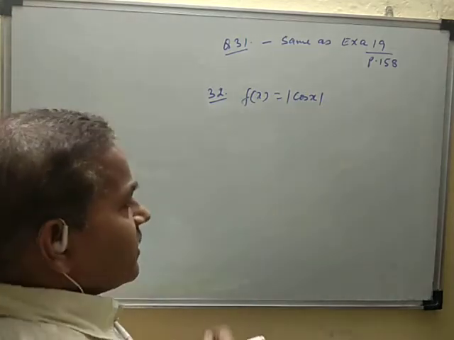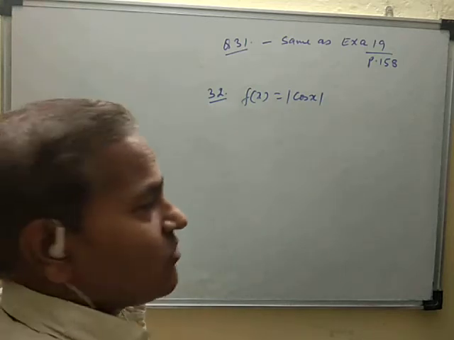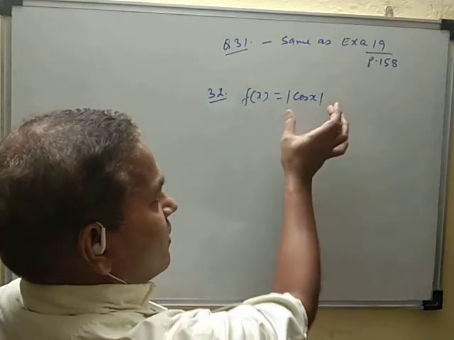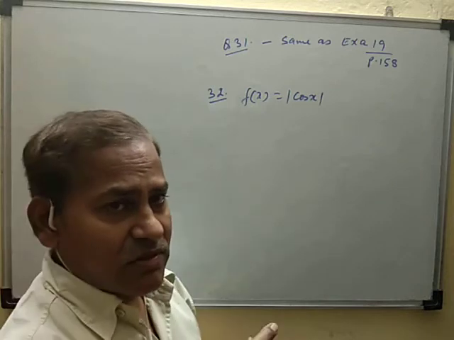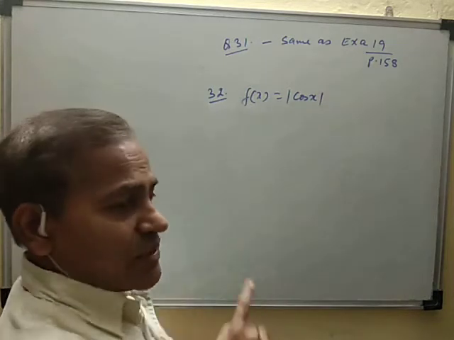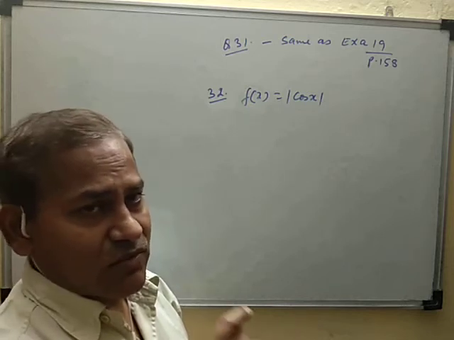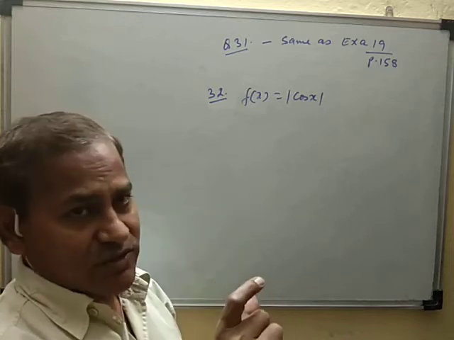So it is a composition of two functions. One function is cos x and the other function is the modulus function. So mod of cos x is a composition of two functions. First function modulus function and second cosine function.